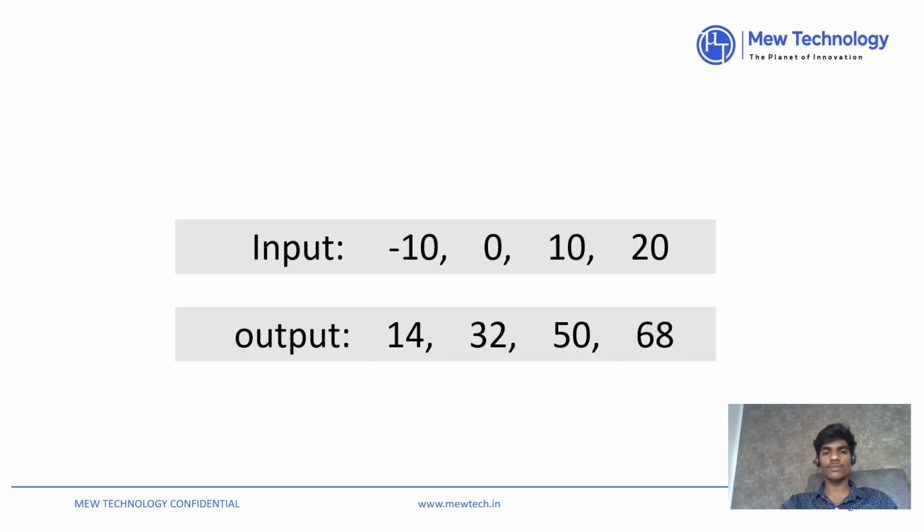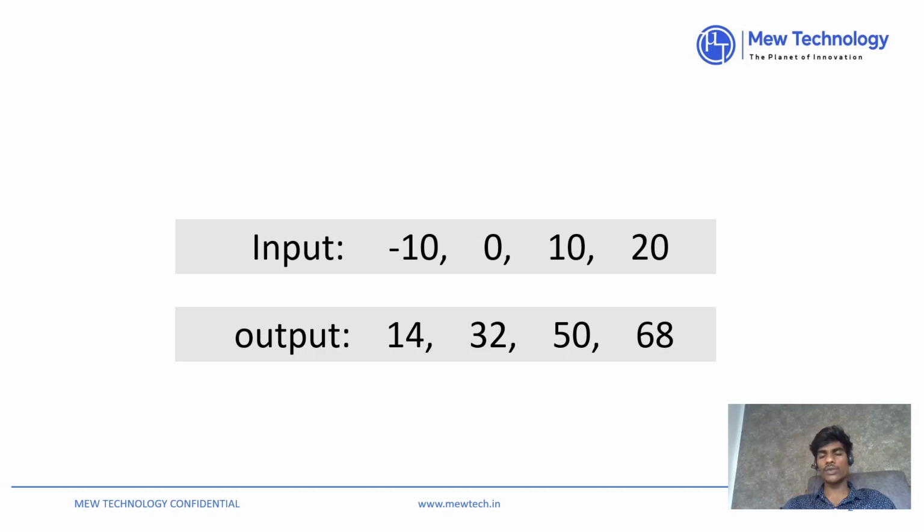Okay, you see I have a set of numbers, some input values and some output values. In case I give the input value 10, I get the output value 14. If I give 0, my output value is 32, and so on.